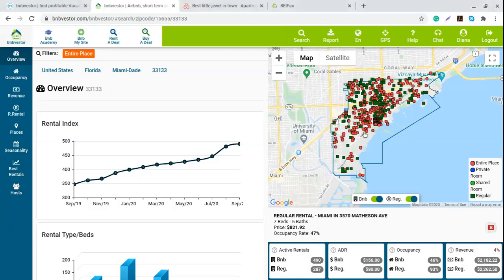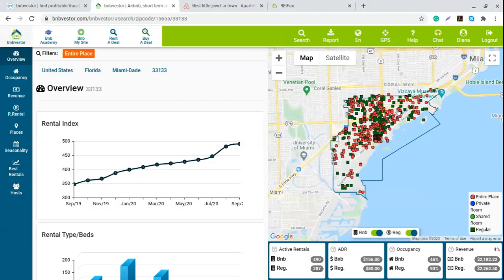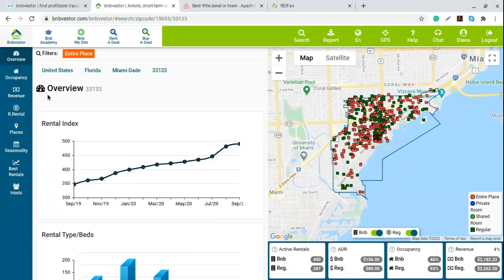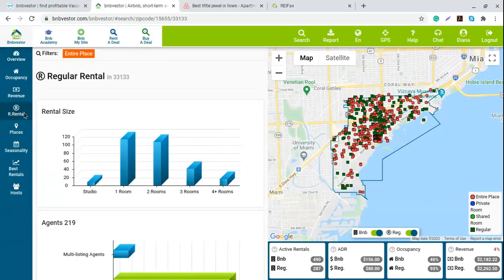So this is how you can see individual information just by clicking on any of these red points. Now that we are on this zip code, let's also go and review the regular rentals, okay? The overview for the regular rentals. Before we had the overview for the B&B, how many listings were for B&B, but now we can see the same information for properties that are being rented monthly.